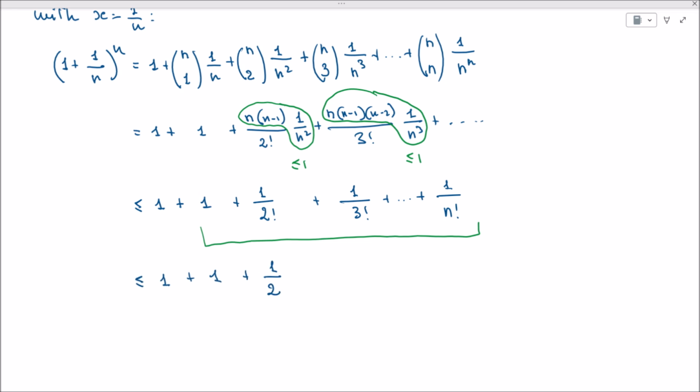We are just replacing 2 factorial with 2 to the 1 and replacing 1 over 3 factorial with 1 divided by 2 to the second plus dot dot dot 1 divided by 2 to the n minus 1.